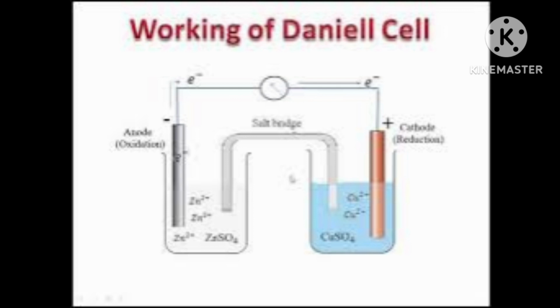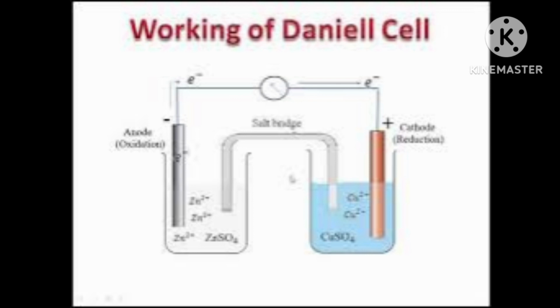First, electrodes. Electrodes are of two types, anode and cathode. Correct? Means two electrodes are required. And the third important part is a suitable electrolytic solution.